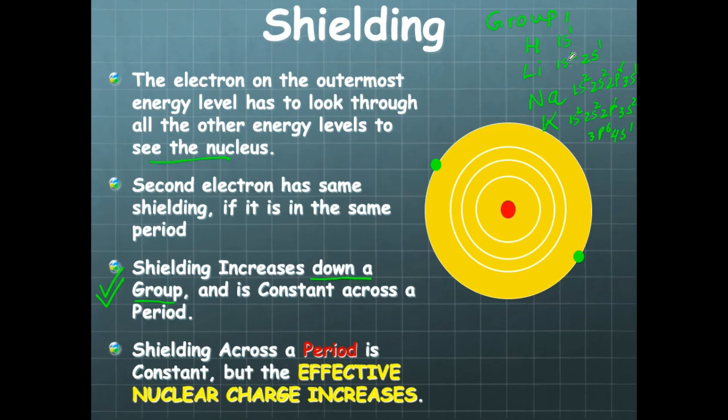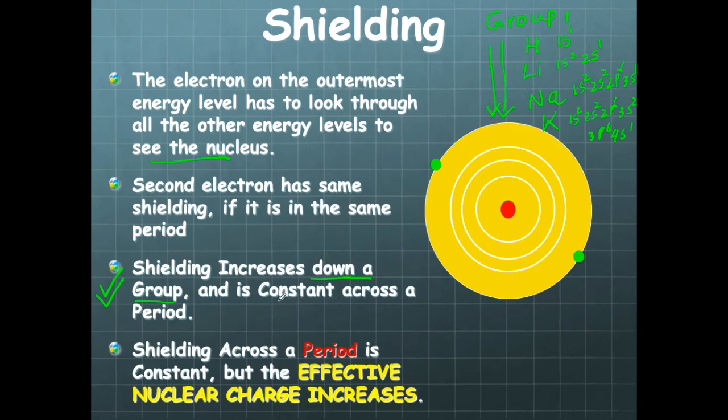As we move down the group, the energy levels are increasing, and so is the number of core electrons. That's what it means: the shielding effect increases as we move down the group. So the hold of the nucleus on its valence electrons is decreasing, and the size of an atom is increasing as we move down the group.